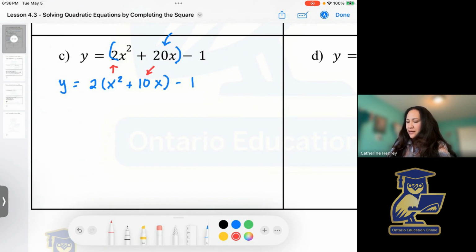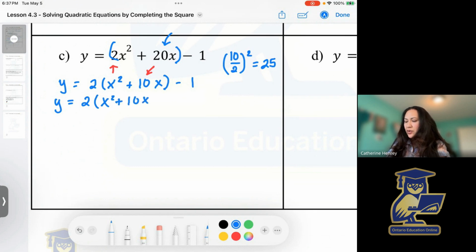Now I have 10. So I'll take that coefficient 10, divide it by 2, and square it, and I'll get 25. I go back to my function, y equals 2, bracket x squared plus 10x. Here we're going to add 25 and subtract 25, close our brackets, and we still have -1 out on the side.